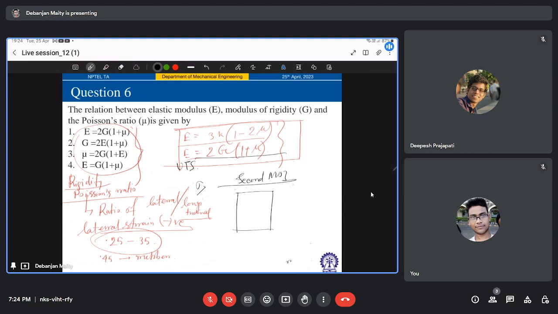For a rectangular section, if this is your H and this is your B, the width, what is I? B H cube by 12, right? Then for a circular section you have pi d to the power 4 by 64. So for different shapes or geometries you can calculate your second moment of inertia, right? This is a very useful property of the material in solving design problems.